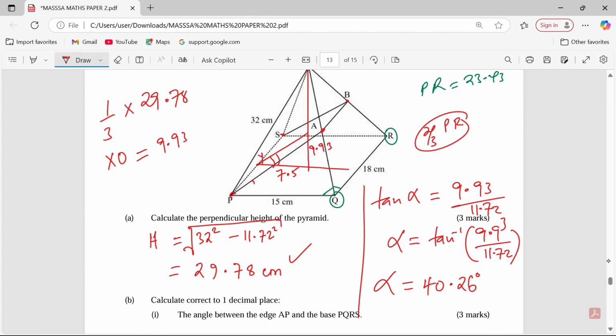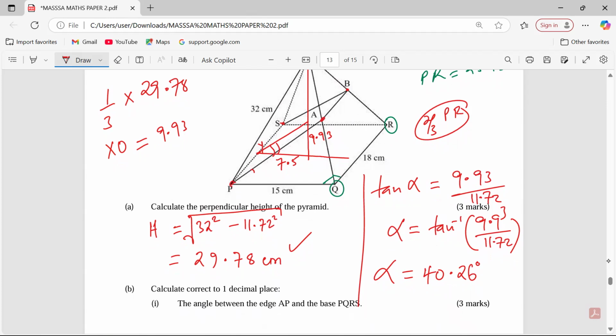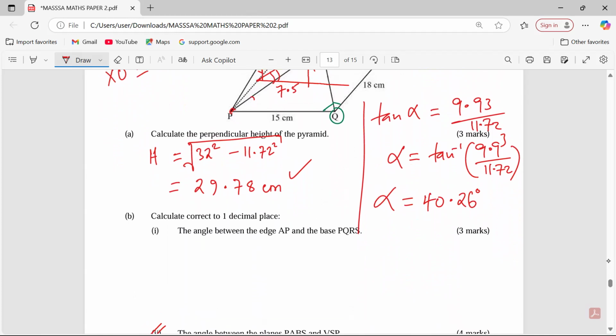So with that, we will be in a position to obtain the angle between the slanting plane and the base. So we can call that angle beta and say tan of beta equals opposite length 9.93 out of adjacent 7.5.